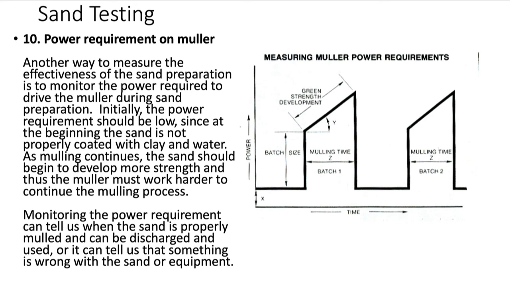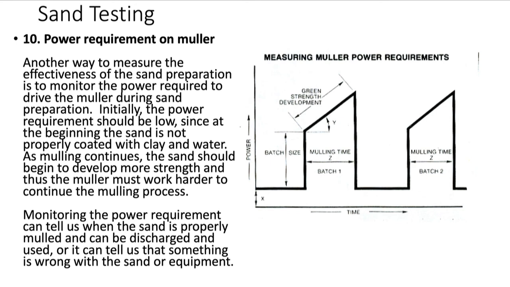If you want to measure how well the sand's being prepared, you can monitor the power it takes to mull versus time. And so you can use some relatively sophisticated mathematics, or signal processing, to figure out when the batch is done. And Neenah Foundry saved a lot of money by using this.